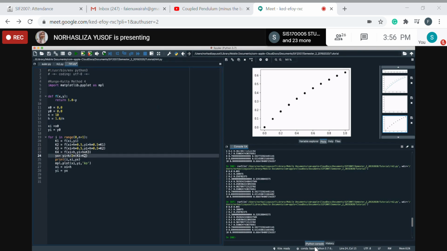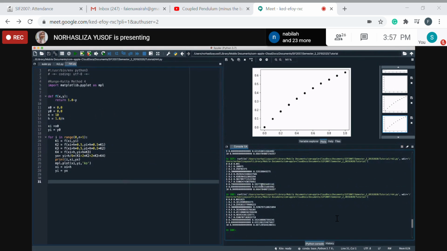Now this is over 6, K1 plus 2K2 plus 2K3 and then plus K4. Okay, so now this is for the RK4. Let us run and see how it looks.